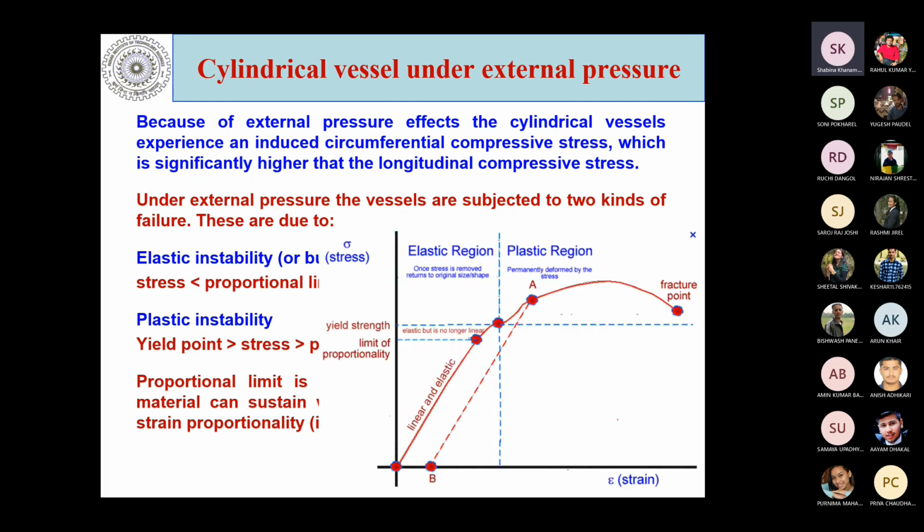Okay, so here you can understand this stress and strain graph for any material. Similar type of graph you can say. Of course, some variation we observe in values, but the pattern will remain like this. Elastic failure will occur when we have this below the proportionality limit, and that is basically the buckling, which I have already told you, because of dent and all, this type of instability occurs.